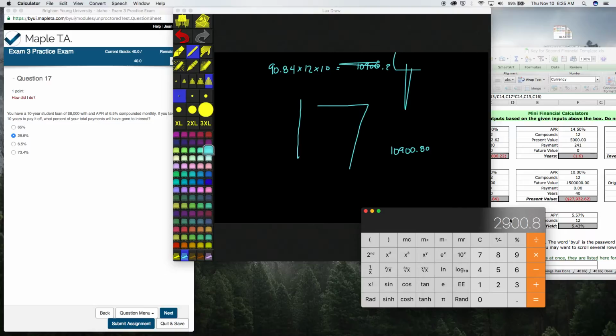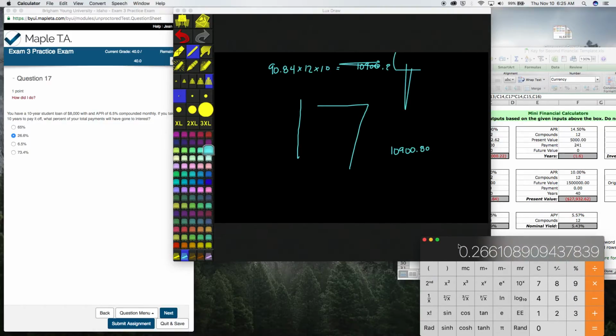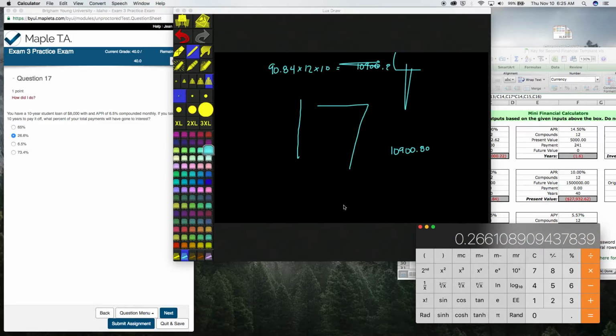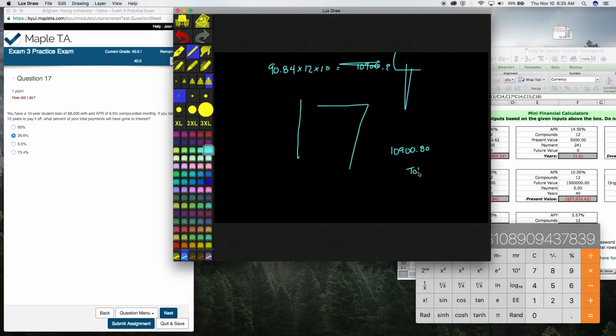So it's total interest divided by the total amount I paid, not divided by the amount of the loan. There we go, 26.6. Sorry, that was a little confusing. Just remember that it's total interest divided by total paid.